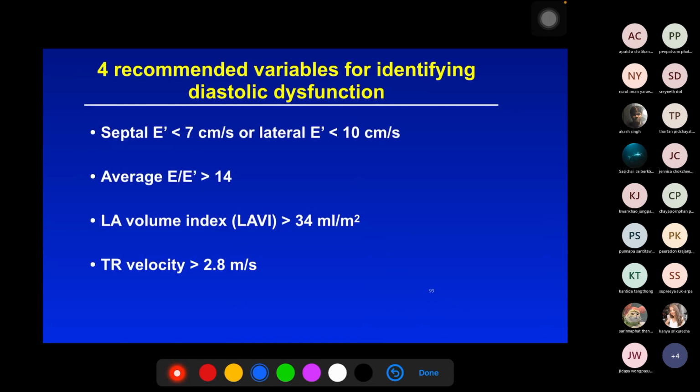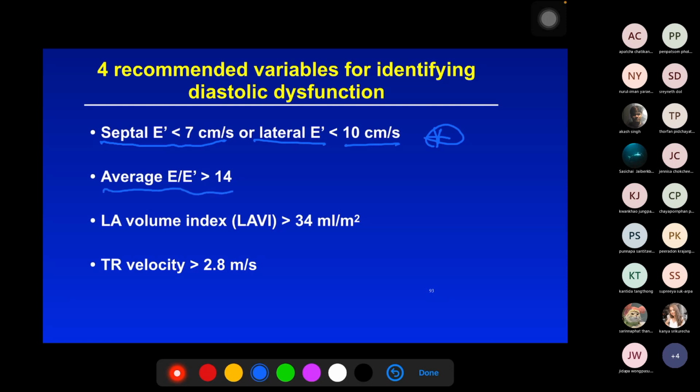From the latest updated guideline, we use four variable parameters to grade diastolic function. The first one, we use the septal e prime and lateral e prime. A septal e prime less than 7 centimeters per second and a lateral e prime less than 10 is abnormal.